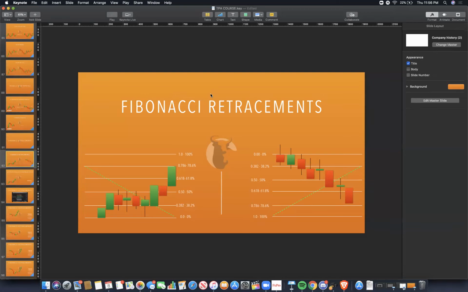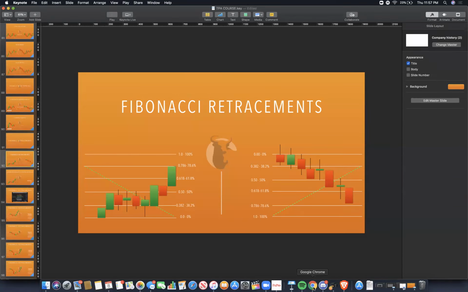Where it broke out, correct. And what confirms the breakout? The retest, correct. So an important rule when placing your Fibonacci retracement levels: it's always best to draw and start your Fibonacci from the retest of the previous breakout to wherever you want to measure.